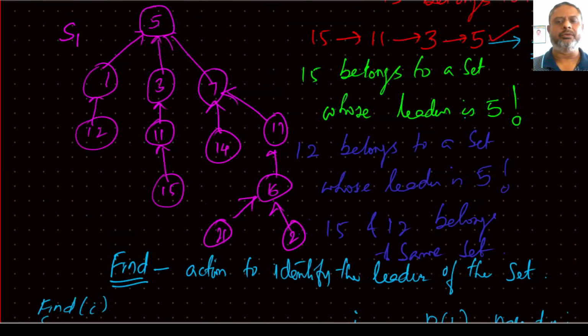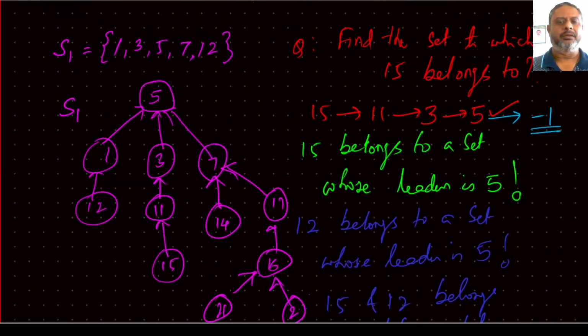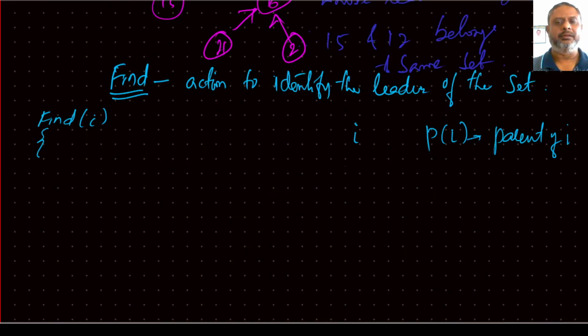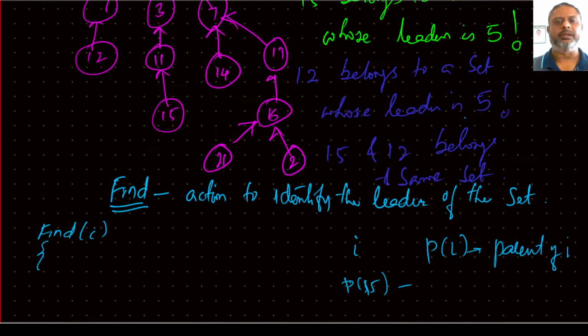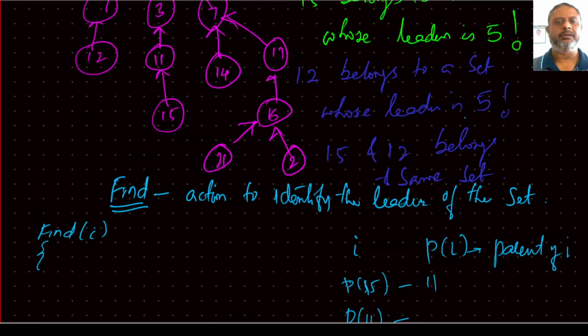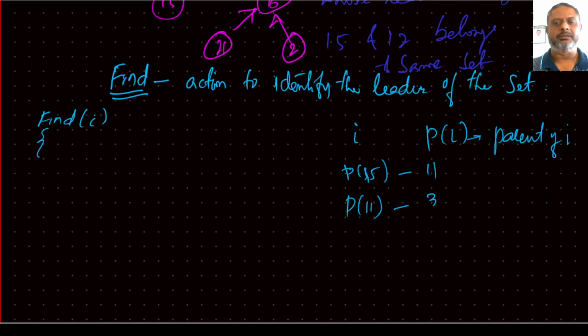If you are asked to find the root of 15, you start moving upwards. Find the parent of 15, and we reach 11. Then find the parent of 11, we reach 3.